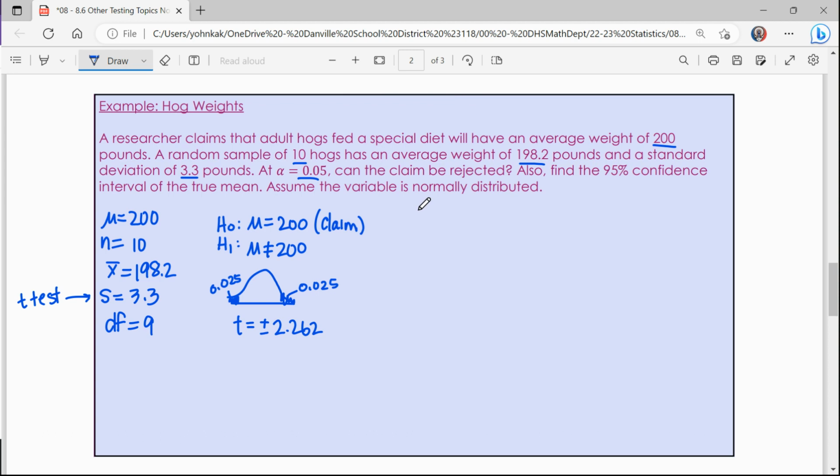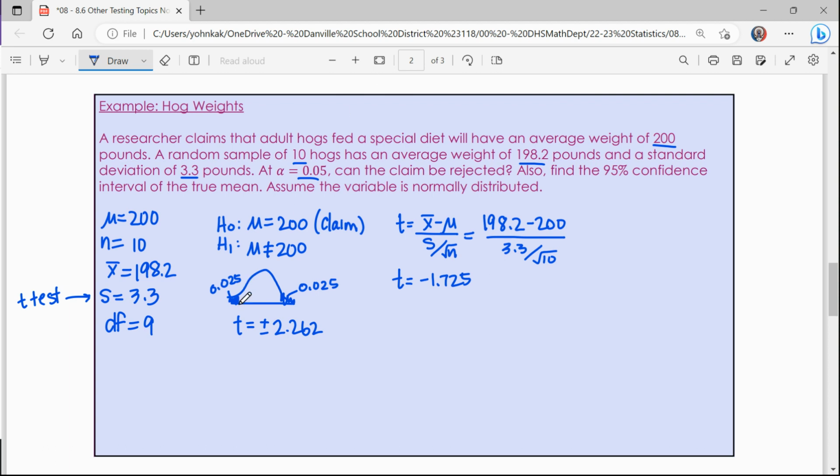Okay, so then we find our test statistic, t equals x bar minus mu over s over root n. So we have 198.2 minus 200 over 3.3 over root 10. The critical value t has 3 decimals, so my test statistic t has 3 decimals, negative 1.725.